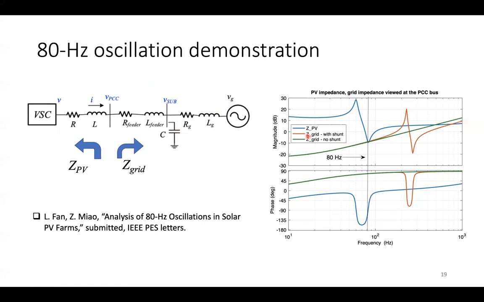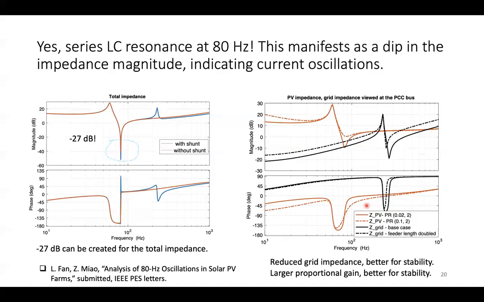So we can tune the control parameters and make this ZPV hit the grid at 80 Hertz. At that time, because the PV is capacitive and the grid is inductive, they have a large phase angle difference of about 180 degrees. And that means there will be oscillations.